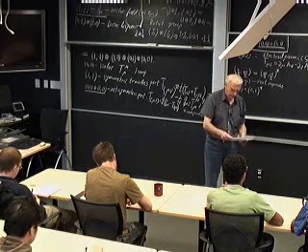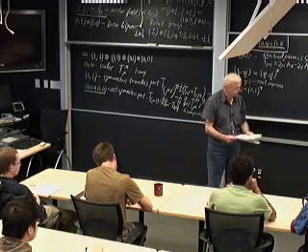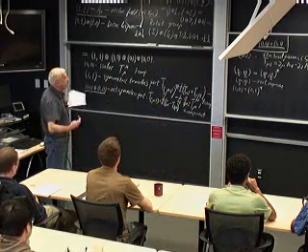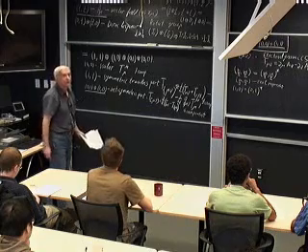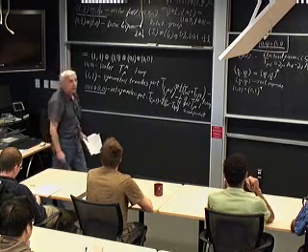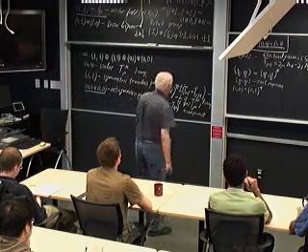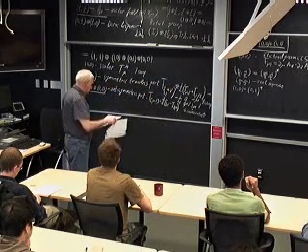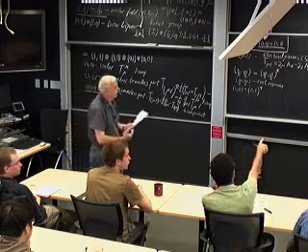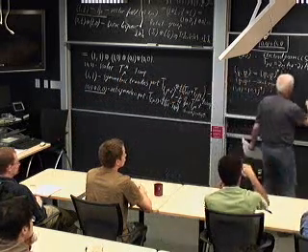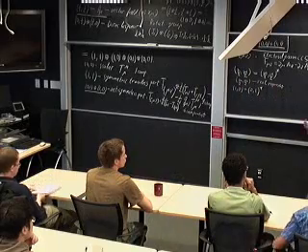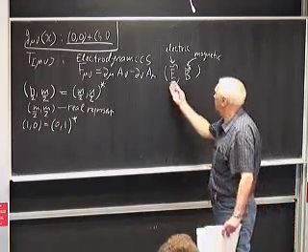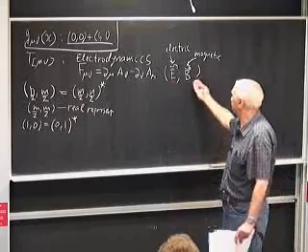Just go ahead. Concerning this simplest and most important representation in physics, relativistic physics at least, the representation of the Lorentz group. What does that mean? Okay, the point is that in electrodynamics, you have an electric field and a magnetic field, so you have an electric vector and a magnetic vector.